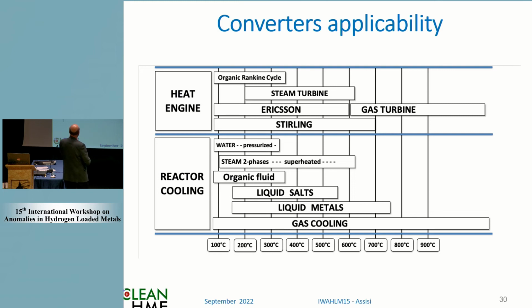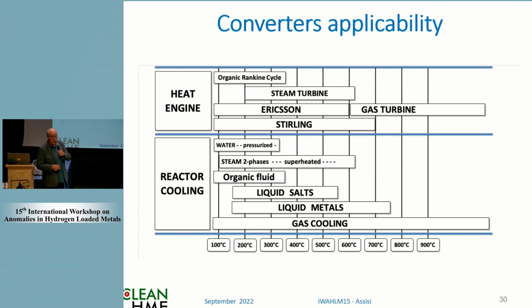For example, a steam turbine is able to work only between a limited range of temperatures, even if it is extending now up to 700. A Stirling engine is limited as well. And if you look at modern nuclear reactors, some are thinking about liquid metals, liquid salts, gas cooling, and so forth. So it's a whole story we will have to discuss in the future.